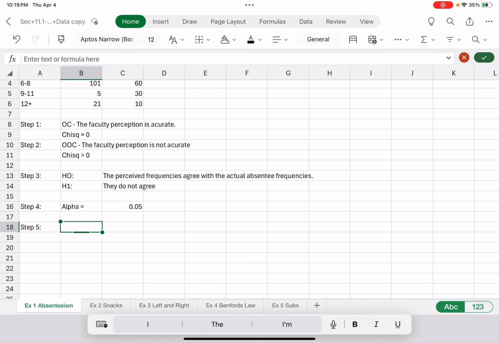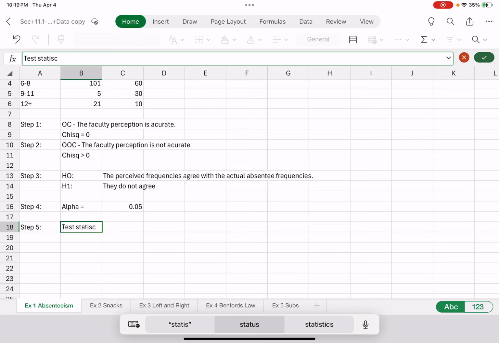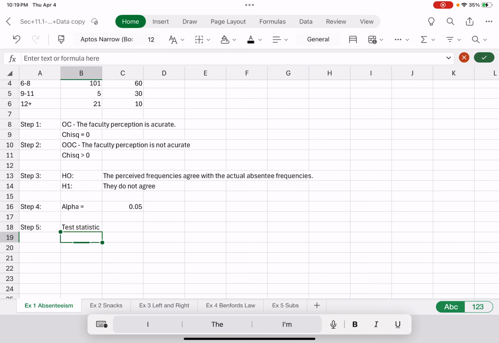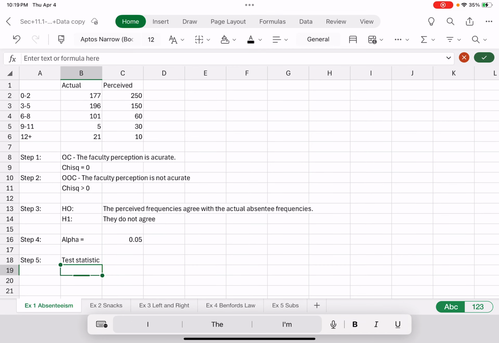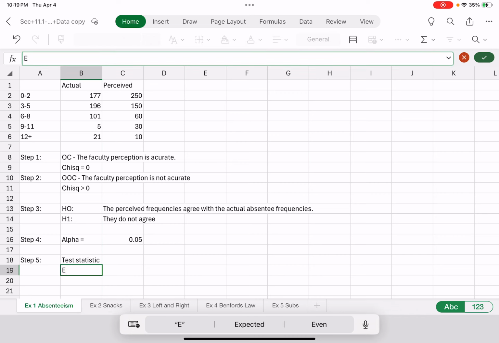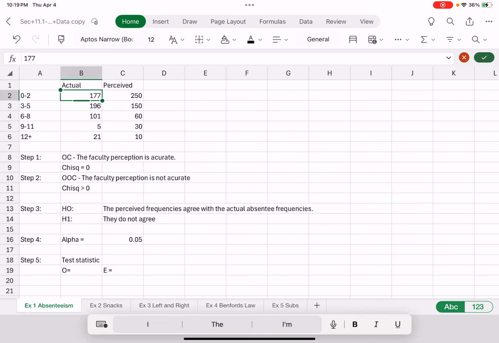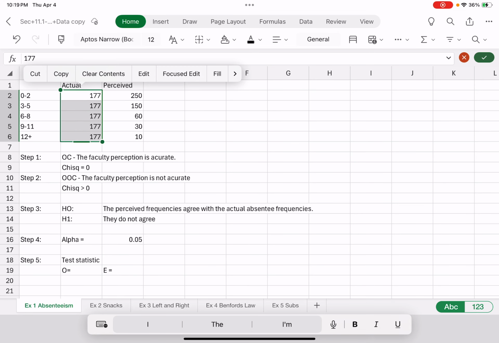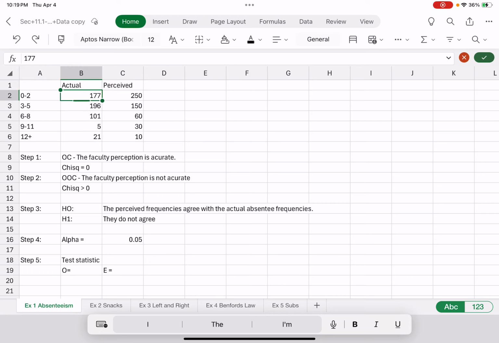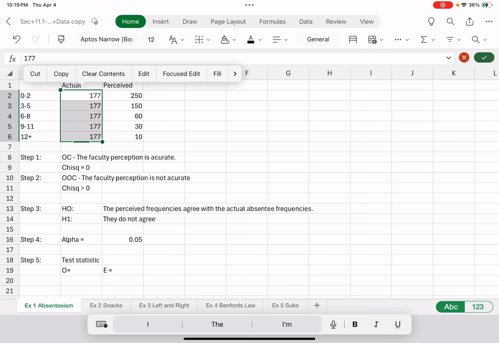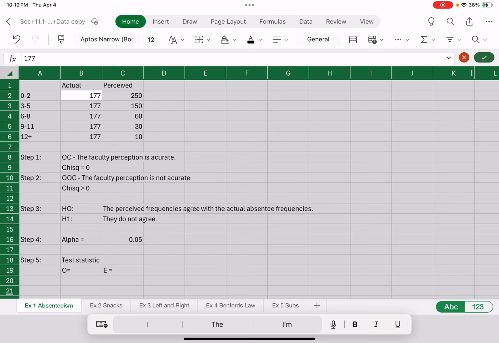Okay, so what do we do here? Well, we're going to do the test statistic. So I need observed, and I need expected frequencies. Now those are given here. Oh dear me, let's see, Control Z. All right.